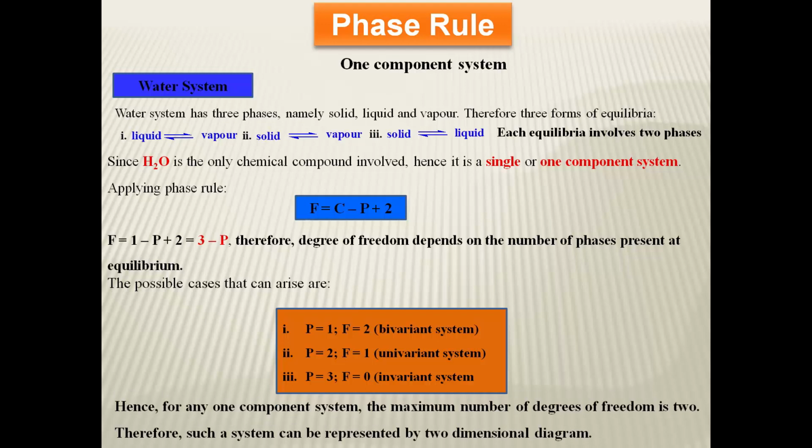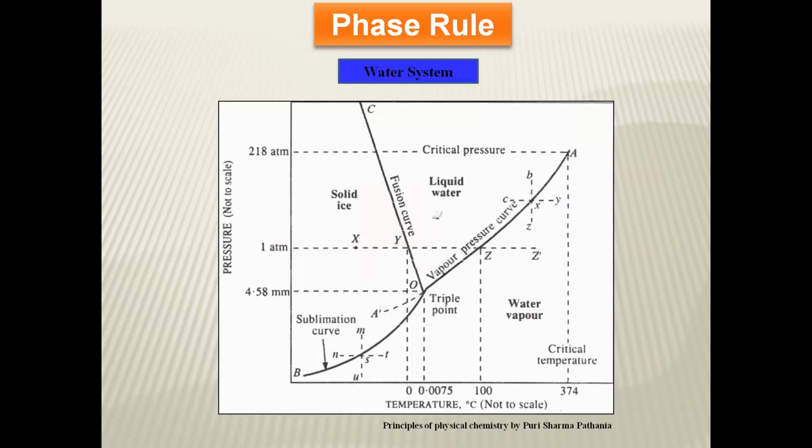And for one component system, what do we conclude? That the maximum number of degrees of freedom is 2. Therefore, such a system can be represented by a two-dimensional diagram. This is the phase diagram of water system. You will never be told to design a phase diagram.